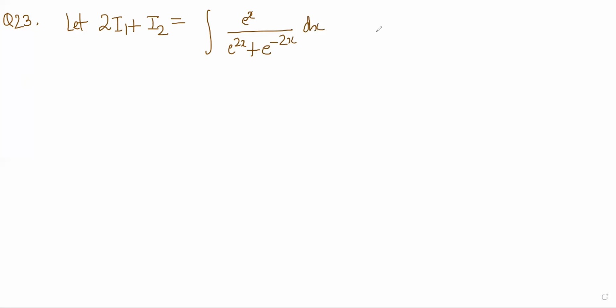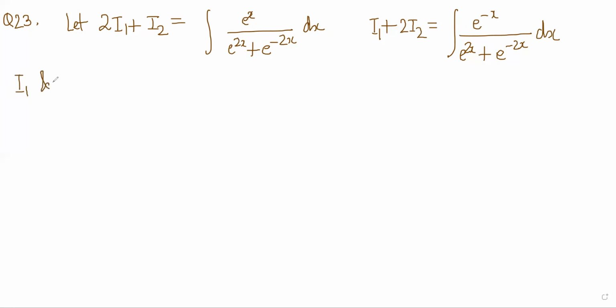And we are also given I1 plus 2I2 is equal to integral of e power minus x by e power 2x plus e power minus 2x dx, right? And I am supposed to find I1 and I2, right? I1 and I2 I have to find.